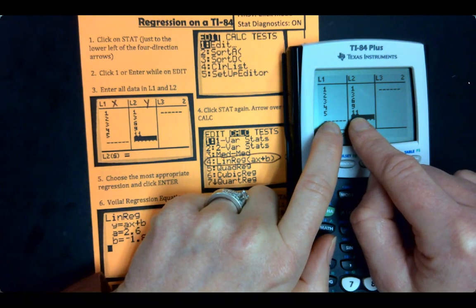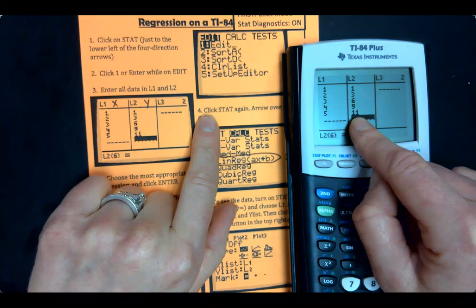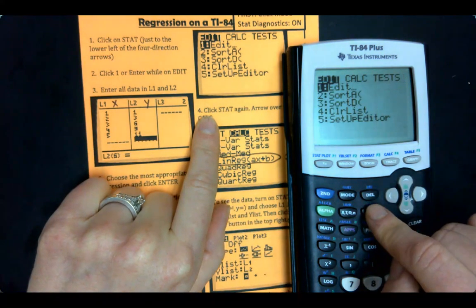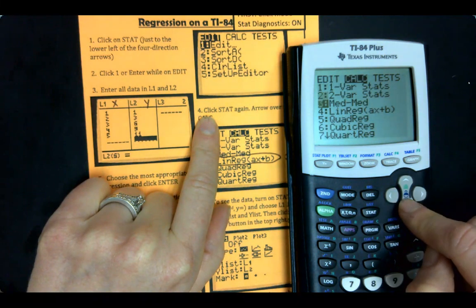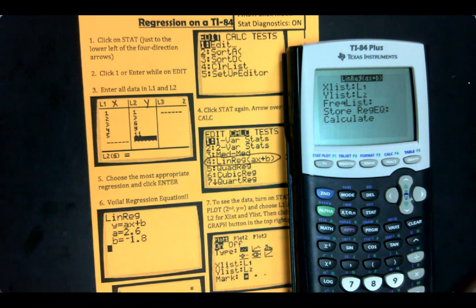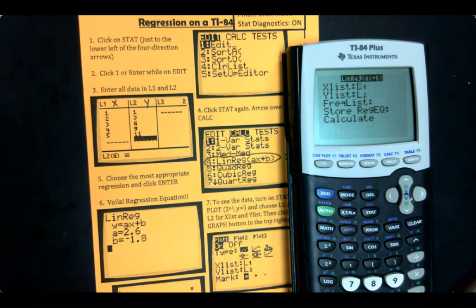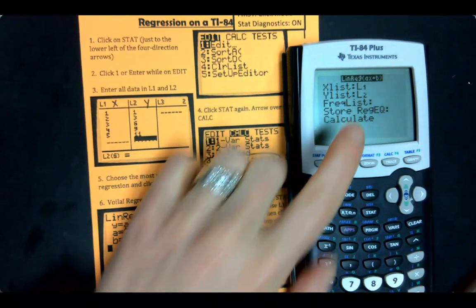You got it in? Okay. Now go to stat again, and we're going to go to linear regression. So stat, over to calc, go down to linear regression, AX plus B. Make sure this says L1 and L2, and then go to calculate.